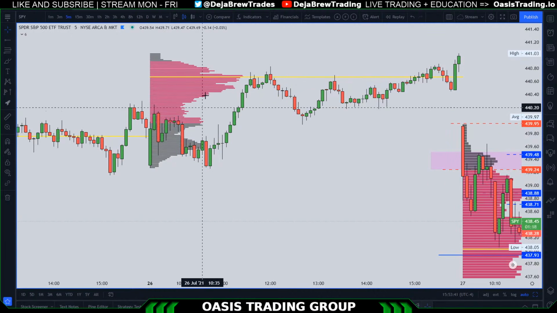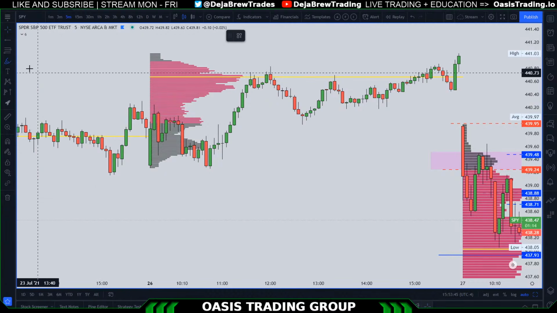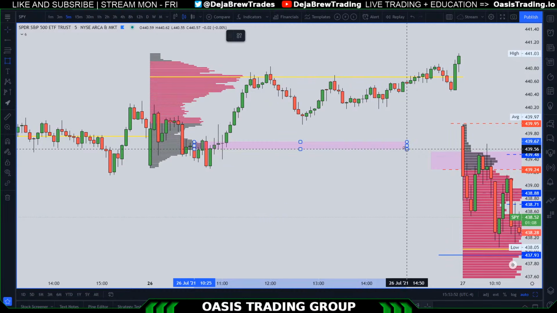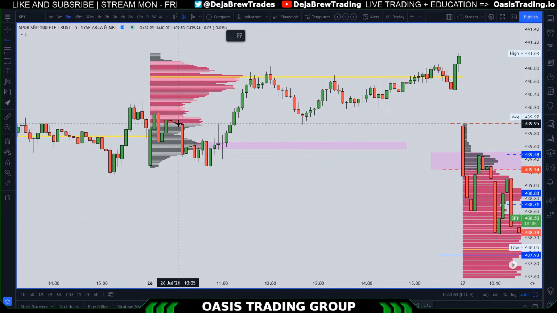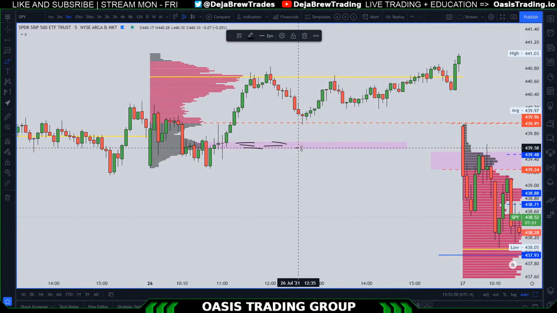So if we were pretending this was our current day and we were looking for our support nodes, this node right here is far enough away from the value area low that if you wanted to put limits in that node, you could.